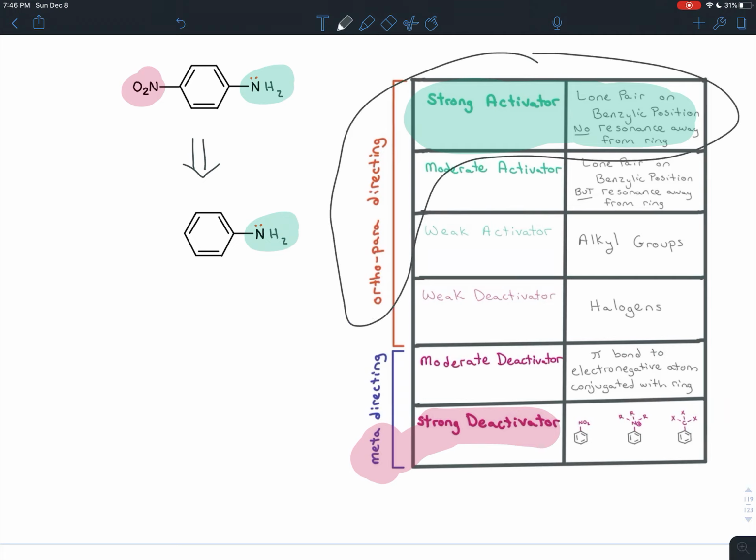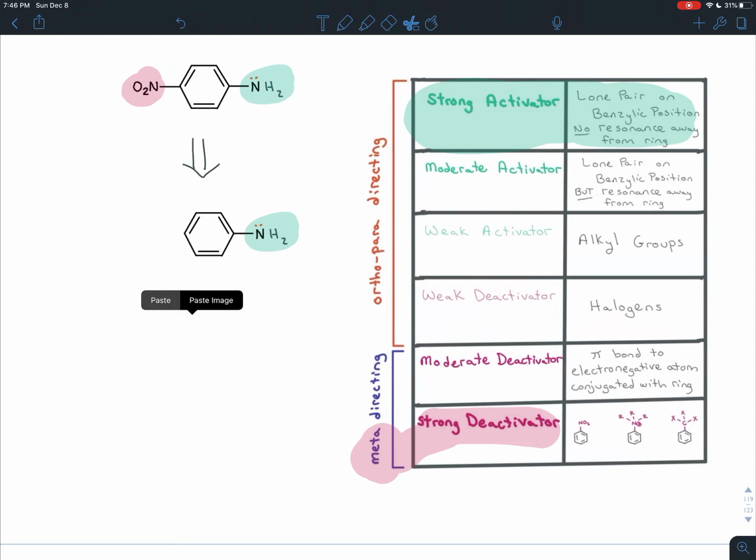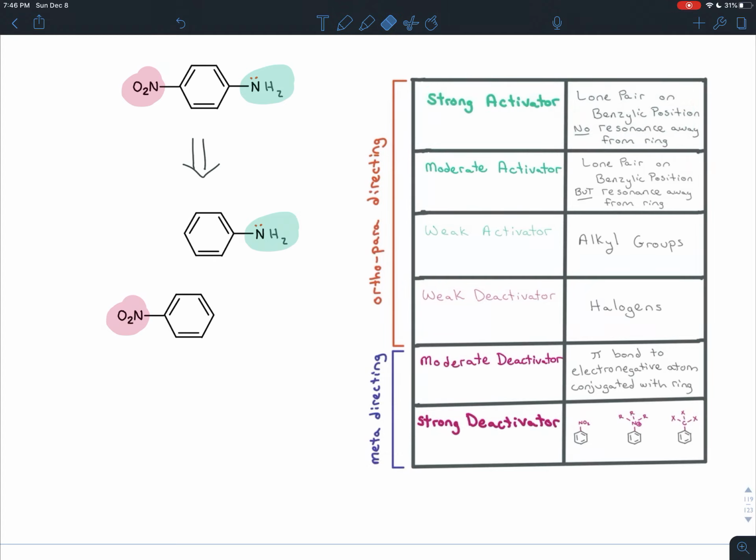It's a strong activator and therefore an ortho-para director, and we want this on the para position. We wouldn't be able to make this from the other alternative. We wouldn't be able to make this from this because this is a meta director. And so the NH2 would add meta if we tried to make it that way. So that would not work. We have to start with this.